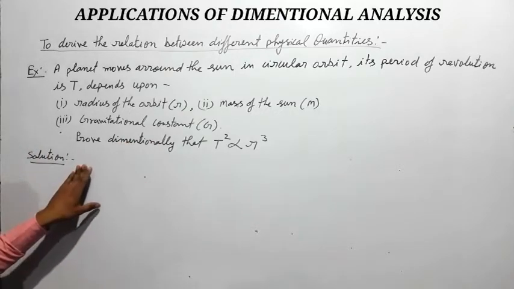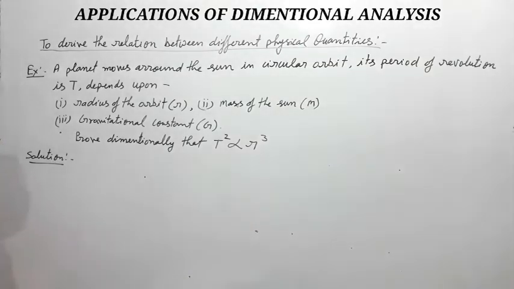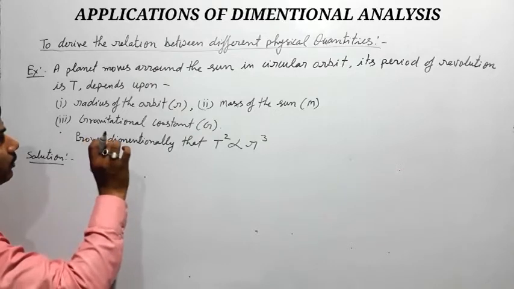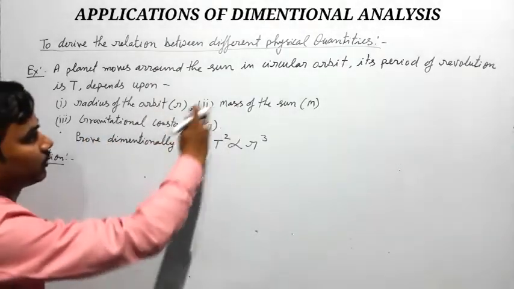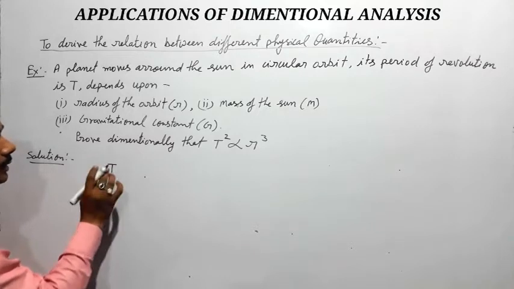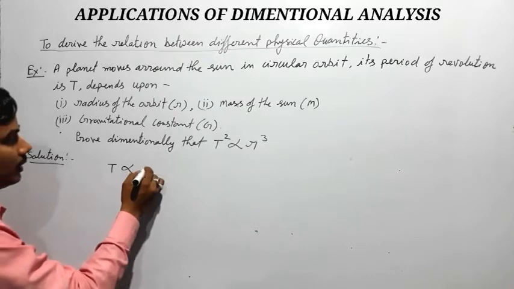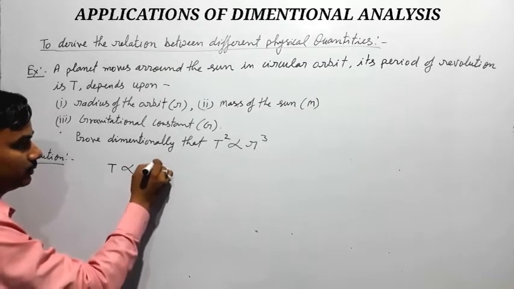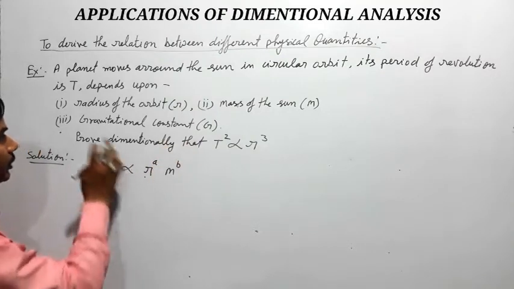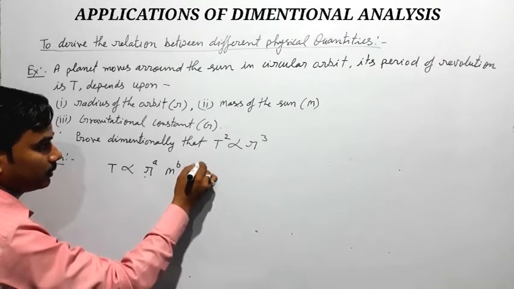Okay, so we have to prove that T squared is directly proportional to r cubed. The period of revolution depends on these physical quantities. On the left side we will write T, that is the period of revolution, and it depends on the radius of the orbit to the power a, the mass of the sun to the power b, and the universal gravitational constant G to the power c.